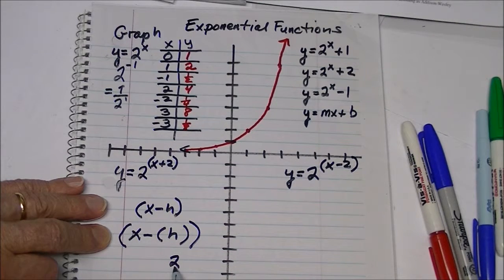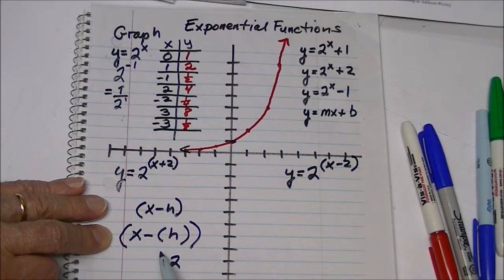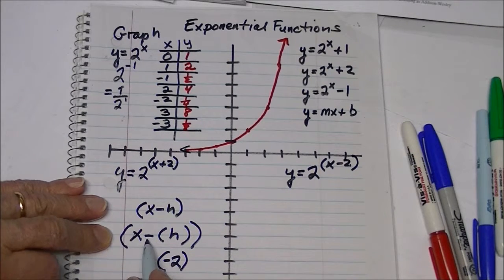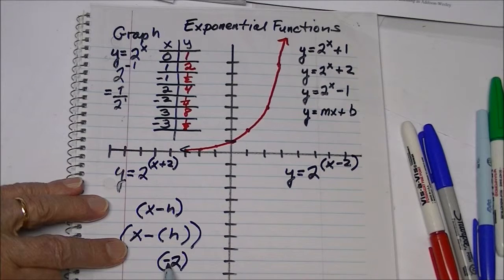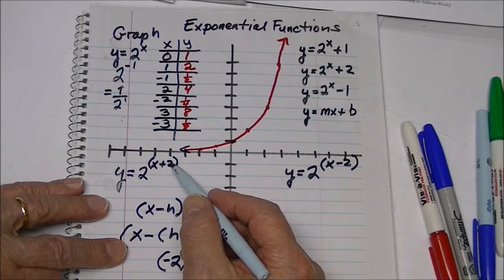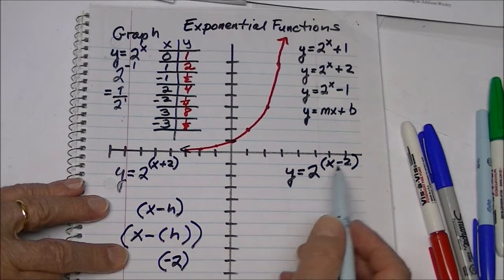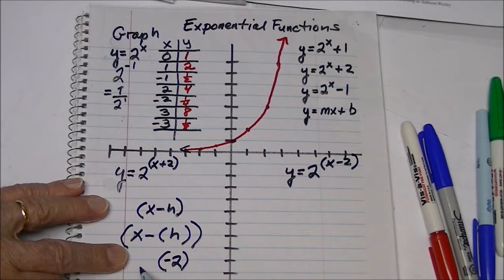Because here, if it were 2, it would end up as a negative 2. So our h had to have been a negative. So when we take the opposite of a negative, we get our positive. So study this for a moment. This is going to be useful on the other side as well.